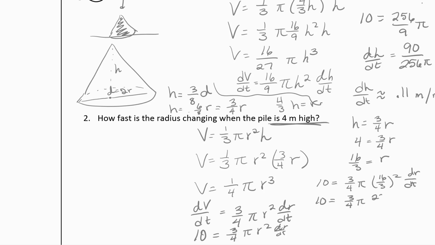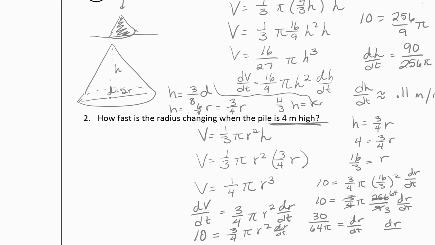This is going to give us 256/9, and we can make that a 3, cancel that out, and make this 64. So we're going to multiply by 3/64 and divide by pi. So we'd have 30/64 pi equals dr dt.